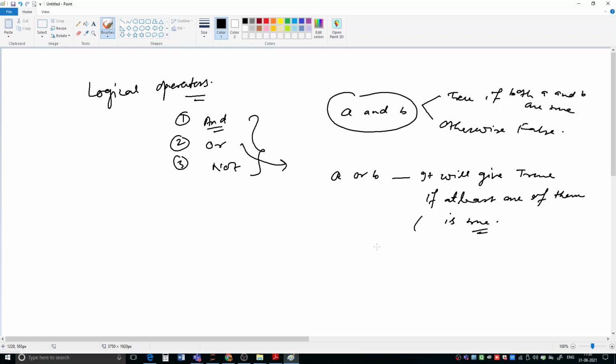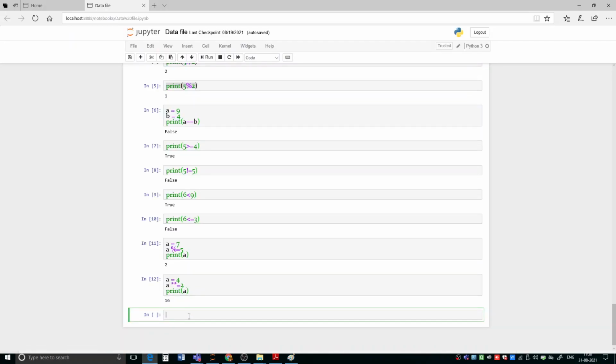Okay, for example, now let us use it. How will it be used? Suppose you have A equal to 9 and B equal to 4. Now if you write print A is greater than B or B is not equal to 4, all of you guess it.